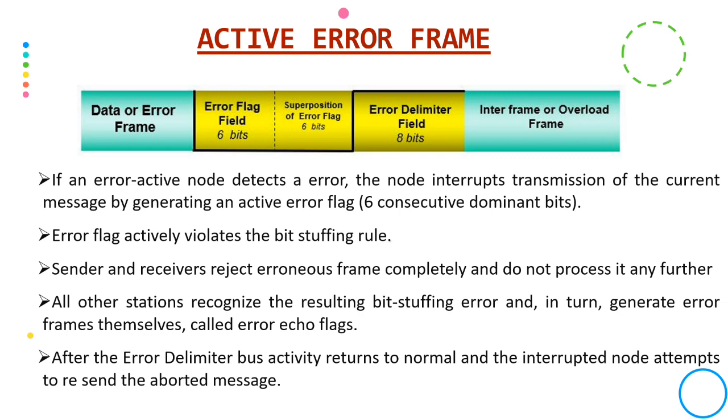After sending the error flag as well as the superposition of error flags, at the error delimiter the bus activity returns to normal after sending 6 recessive bits, and then the interrupted node attempts to resend the aborted message. That is, the current abortion which has been done here will be reset.